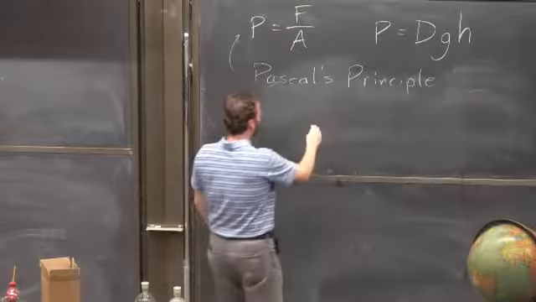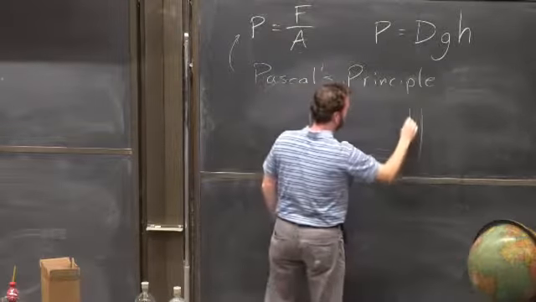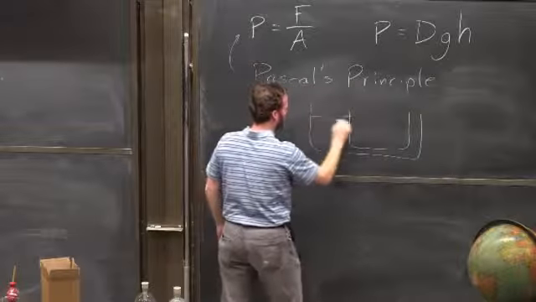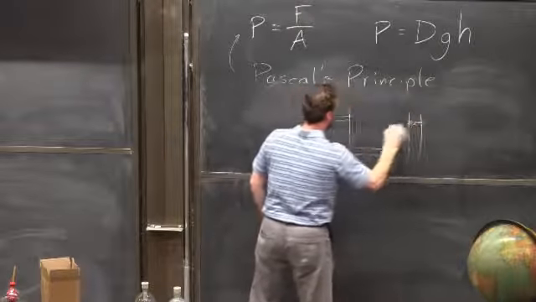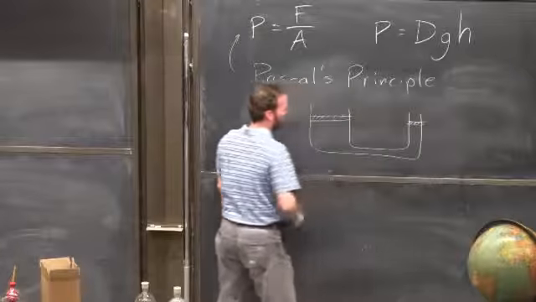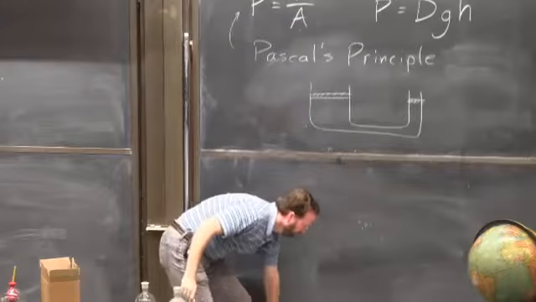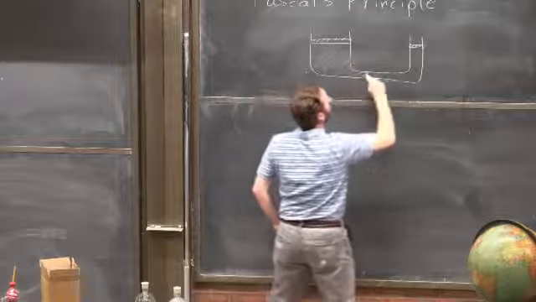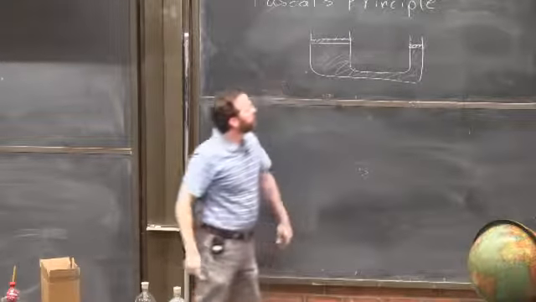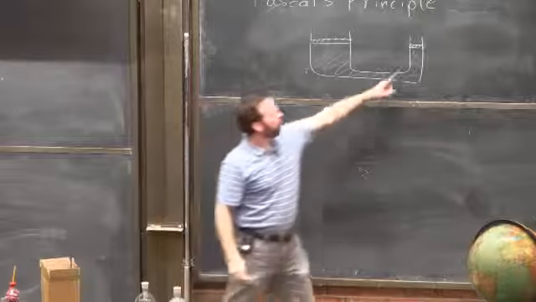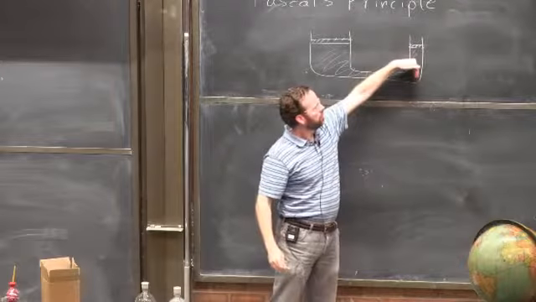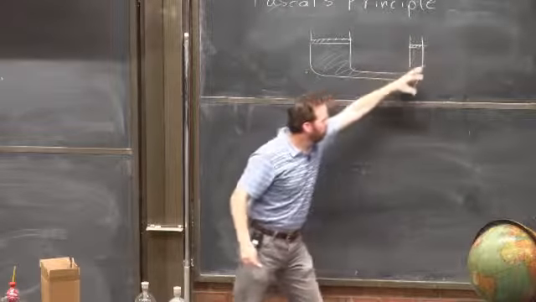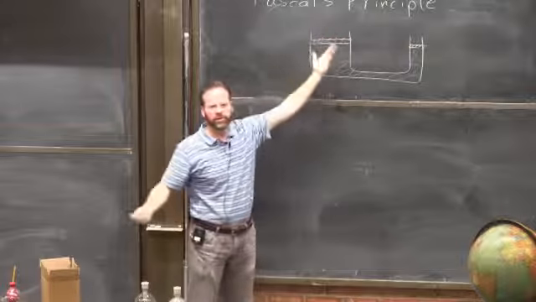So, practically, what does that mean? Something like this. If this is full of fluid, water, and you push on one side, that's going to be equally transmitted over to this side and vice versa.